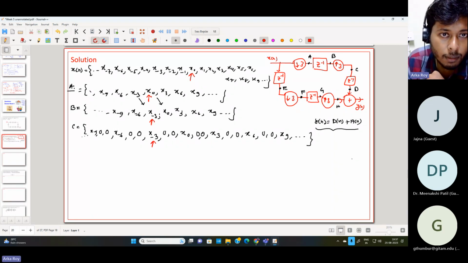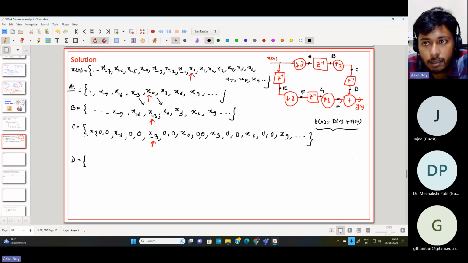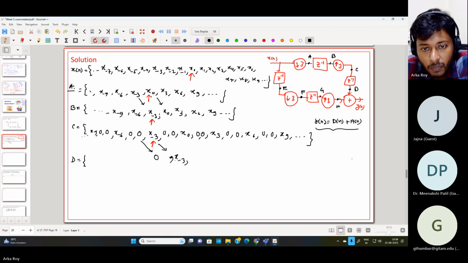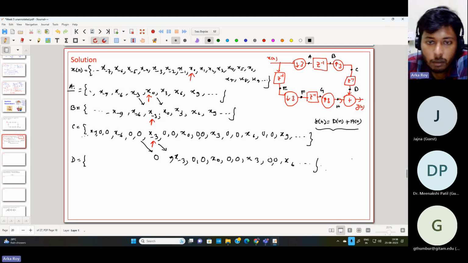Now let's write what D is. At D, again there is a delay of 1 unit. A delay of 1 unit means this x of minus 3 will shift now. So this will be x of minus 3, and 0 will come over here at the starting index. x of minus 3, then 0 0, x of 0, then 0 0, x of 3, then 0 0, x of 6, and likewise.